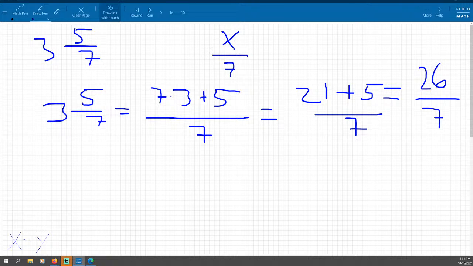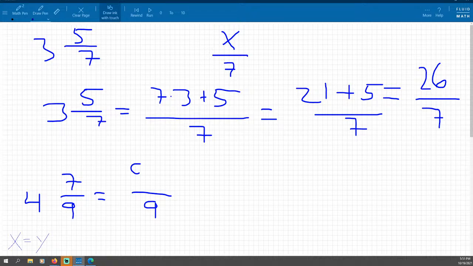So pretty simple. We'll do one more, because I know this is something people struggle with. Let's do 4 and 7/9. So remember, the denominator stays the same, so it's going to be over 9. We're going to multiply the denominator by the whole integer there, 4.